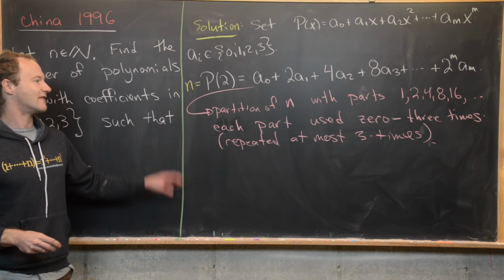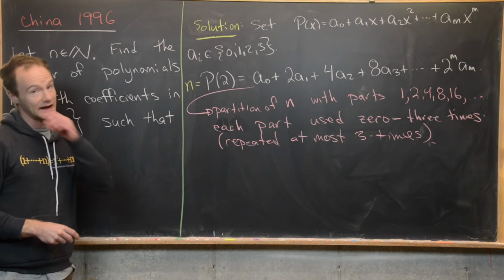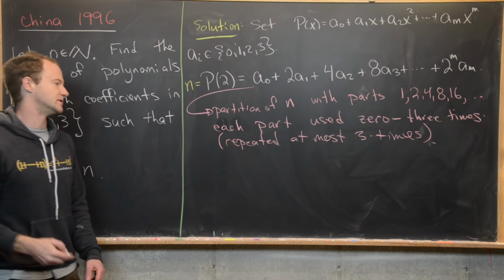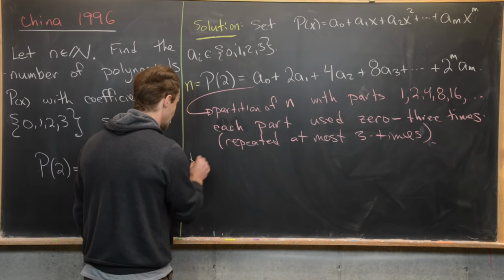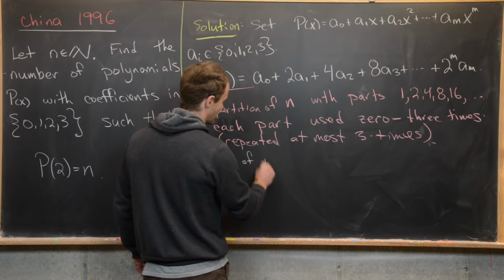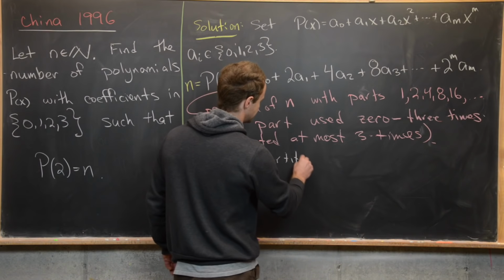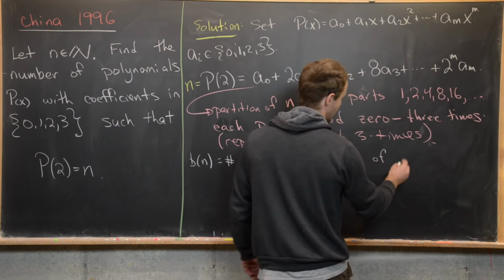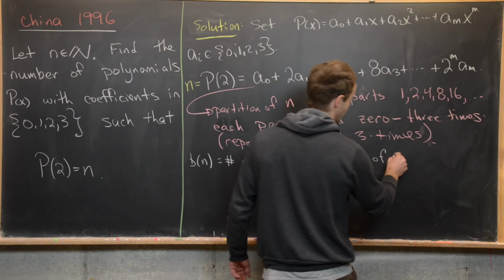So now that we have that, we can go ahead and start to form a generating function. Let's introduce some notation first. Let's say b of n is equal to the number of partitions of n of this pink sentence type.